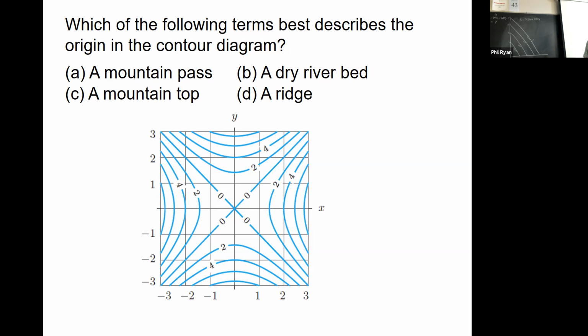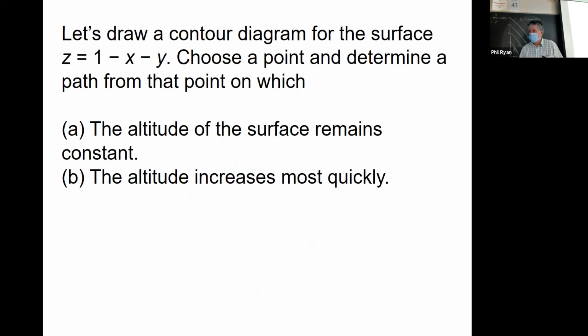And so maybe a mountain pass might be the best description for it. Okay, do I want to do that one? This one is exactly the same as that one. So we already did this example.